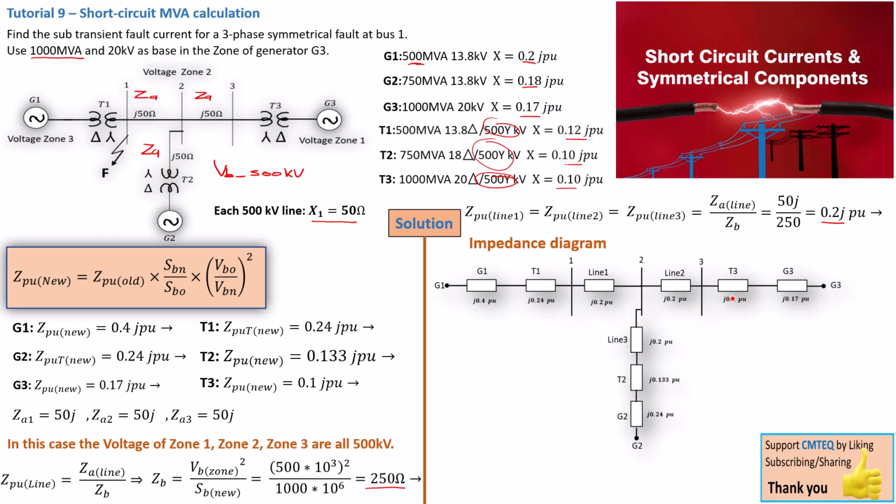Then T3, the per unit of T3, we know that it's 0.1 j per unit, and G3 is 0.17. Then we move on to T2 here, that's what we got, 0.133, and G2 is 0.24 j per unit. So this basically sums up our per unit diagram.